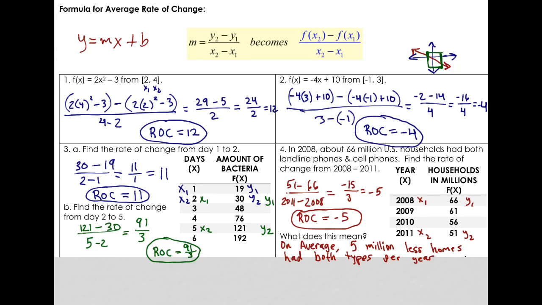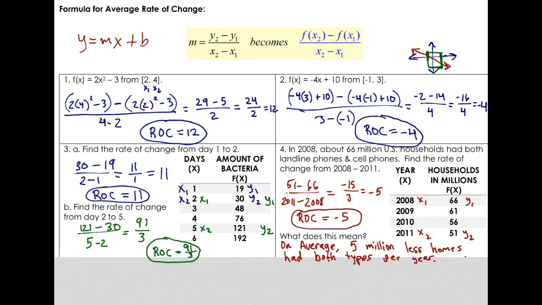So on average, households that had both a cell phone and a landline went down by about 5 million homes per year. Let's keep it rocking.